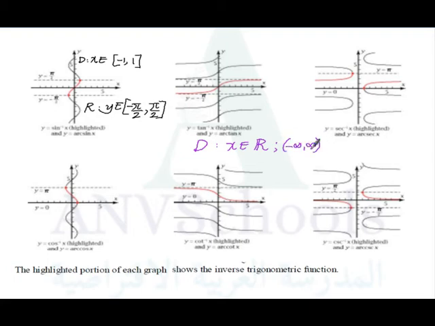But the range here stays from -π/2 to π/2. So the range is an element of -π/2 to π/2. Note that at y equal to -π/2, there is an asymptote. So this is the range of our tangent function.